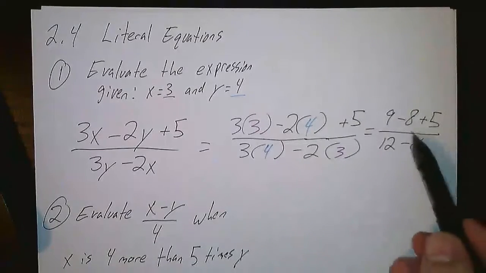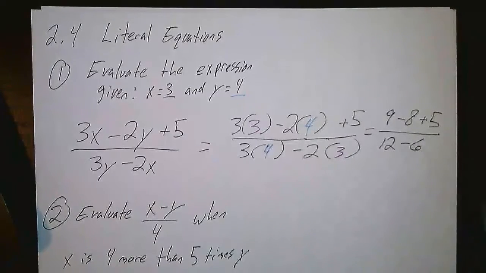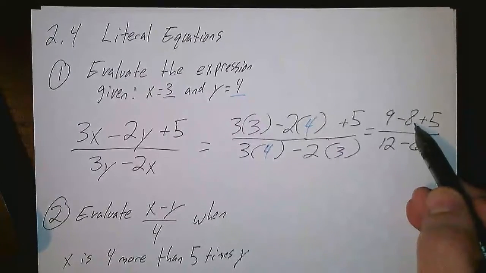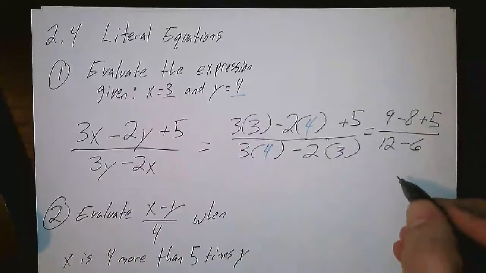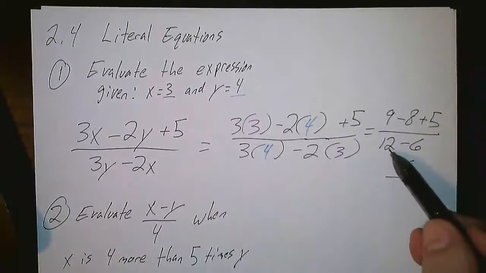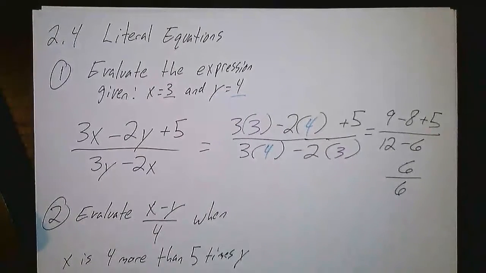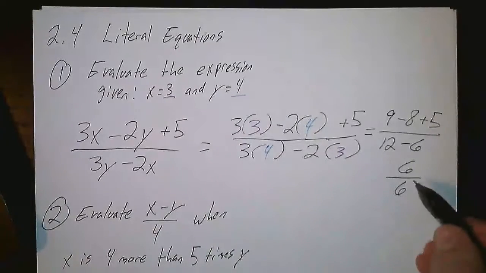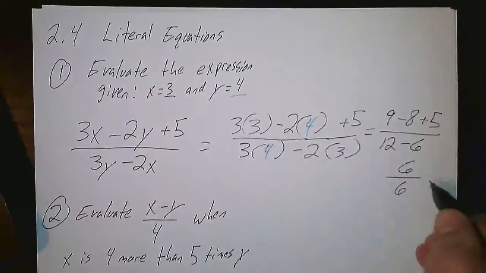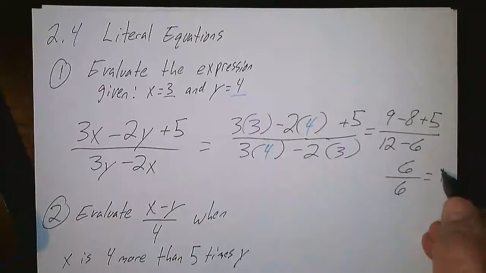And now we can simplify what we have in the numerator and in the denominator. 9 minus 8 is 1. 1 plus 5 gives us 6. Over 12 minus 6 is 6. And of course, we reduce our fraction. And in this case, 6 over 6 equals 1.